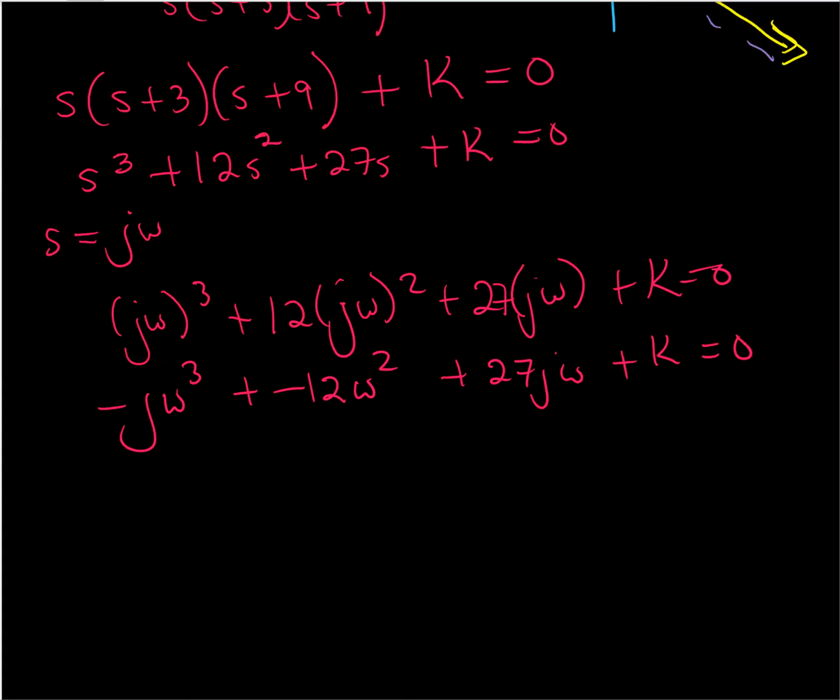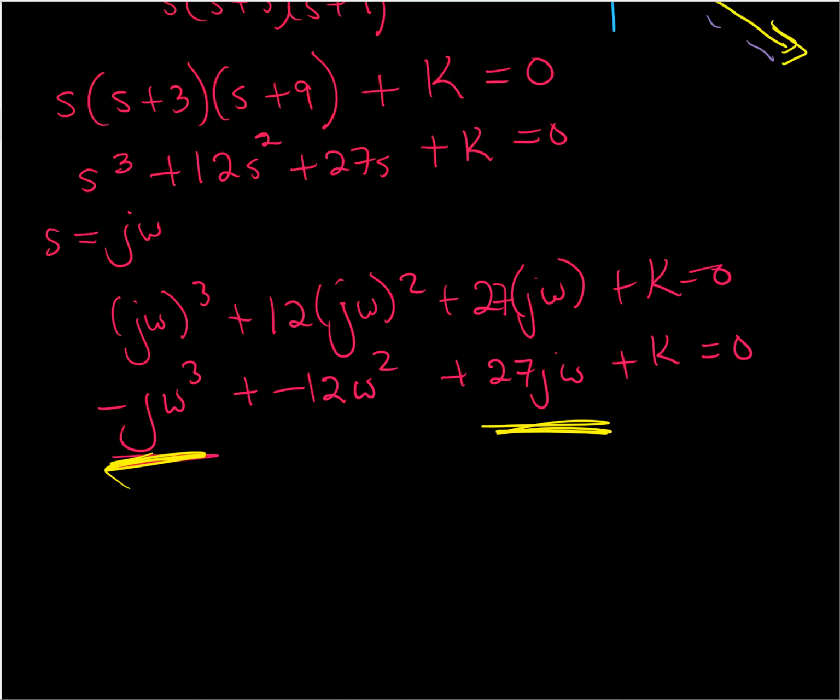And now you can see that the only things here are real and imaginary components. So we have imaginary components here, and the other components are real. In order for the whole thing to go to 0, both the real and imaginary components separately must go to 0 because they can't cancel each other out.